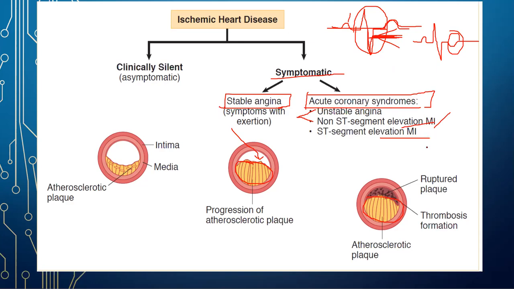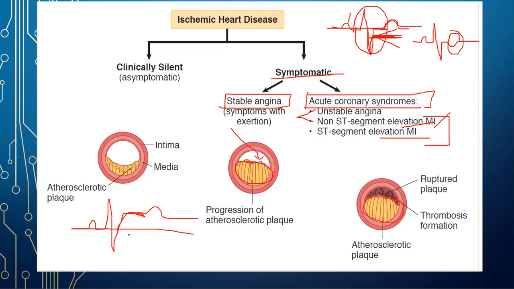And what is the difference between ST elevated MI and non-ST elevated MI? Both MI, ST elevated or non-ST elevated MI, their troponin will be raised. Troponin raised means it's MI. Now, is it a ST elevated MI or non-ST elevated MI? That depends on the ECG finding. In the ECG, if you get a tracing like this, okay?